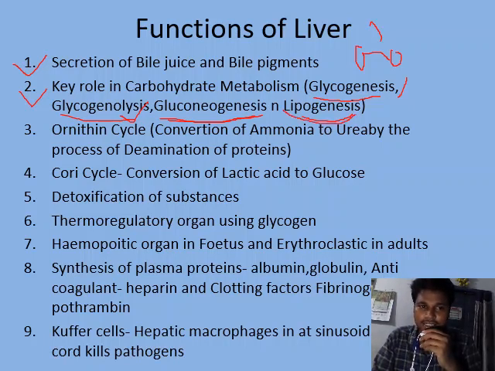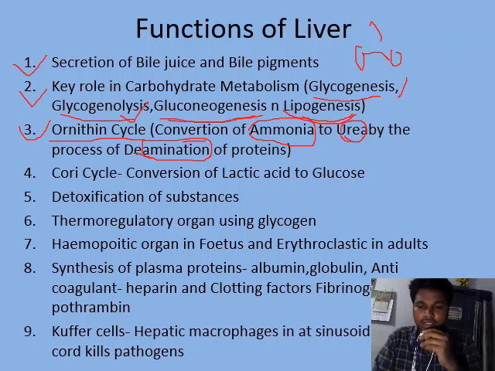Right. Next, the ornithine cycle takes place in the liver. It is the conversion of ammonia to urea by the process of deamination of proteins. That means the amine group is eliminated from the protein structure, hence the very harmful ammonia converts into urea. Okay?